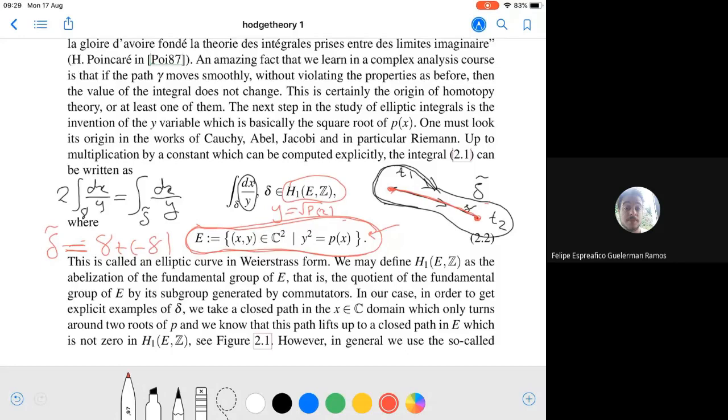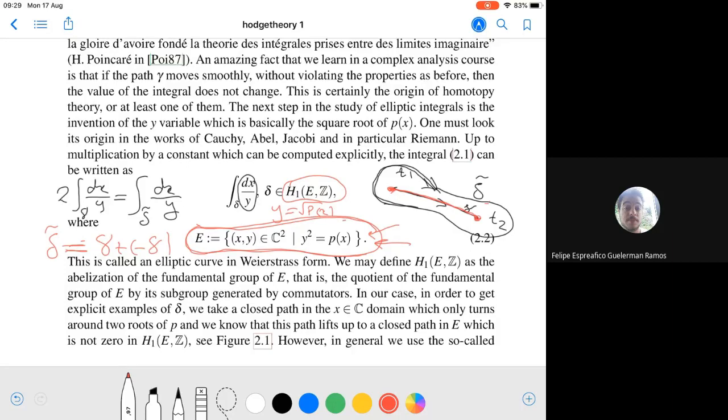One of the first 8 lectures during the course will be dedicated to understanding the topology of algebraic varieties. This is one of the simplest algebraic varieties that we have. It's actually a curve, but in general we will try to understand the topology.